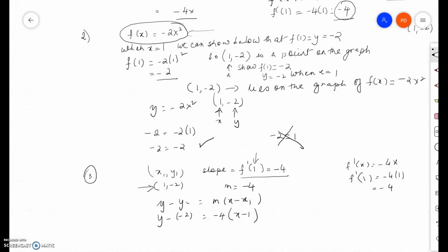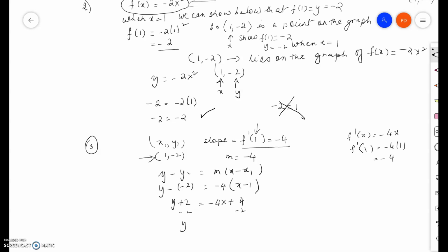So this is equal to y plus 2 is equal to -4x plus 4. Subtract 2, and that is equal to y equals -4x plus 2. So this is the equation of the tangent line.